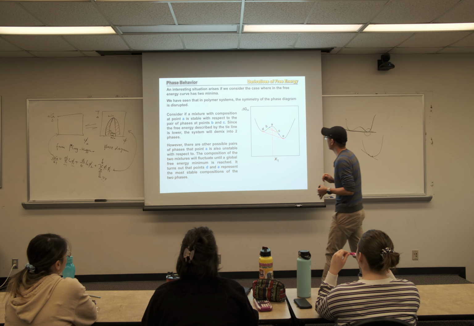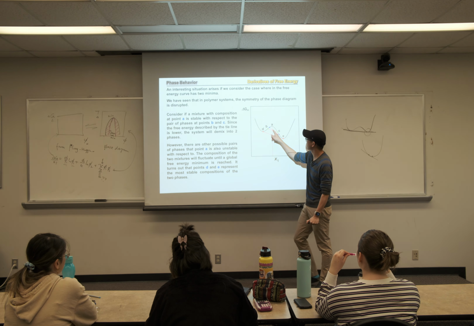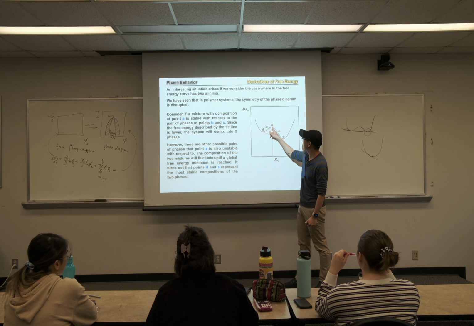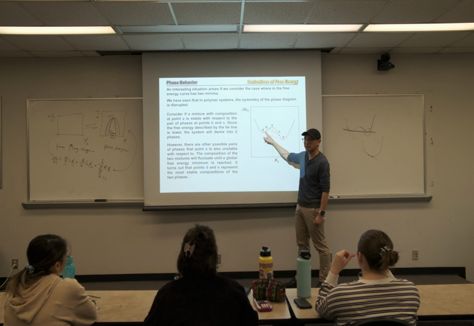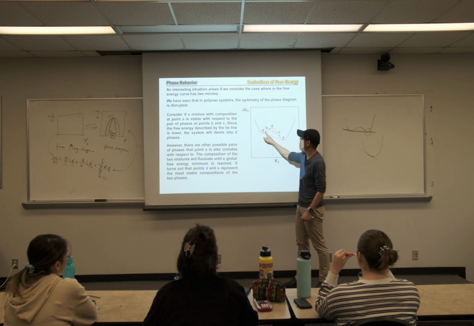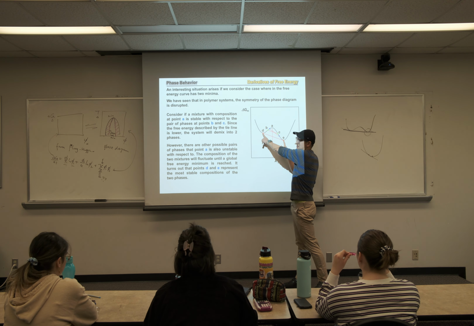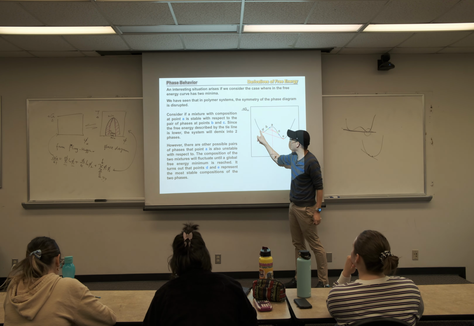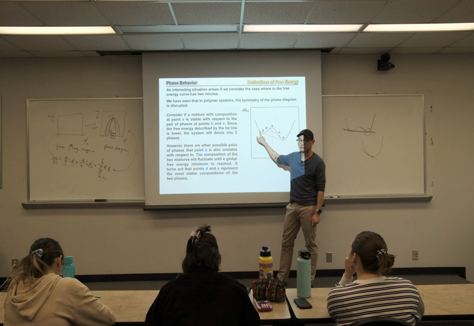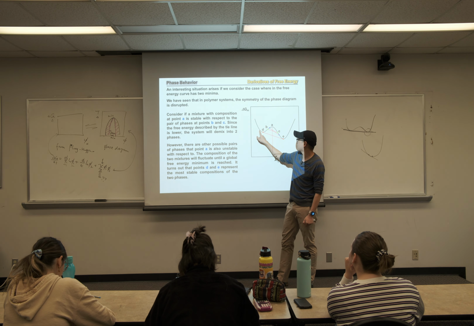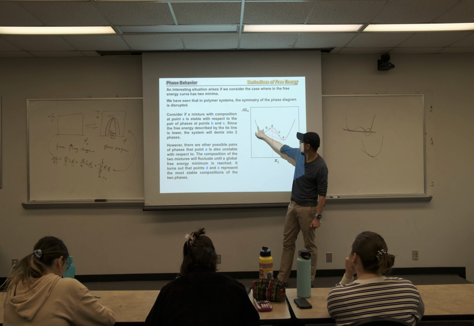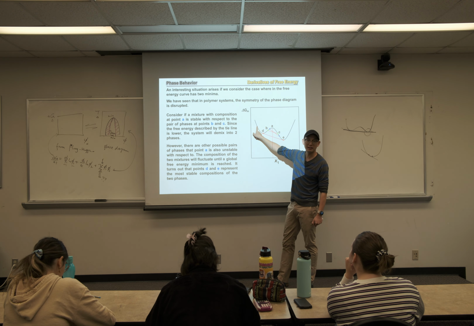So if you have anything in here, you have the potential to be split into D and E because this is the lowest system. But if you have a point that is beyond B and D and E, let's say I have a concentration right about here, let's call it D prime.